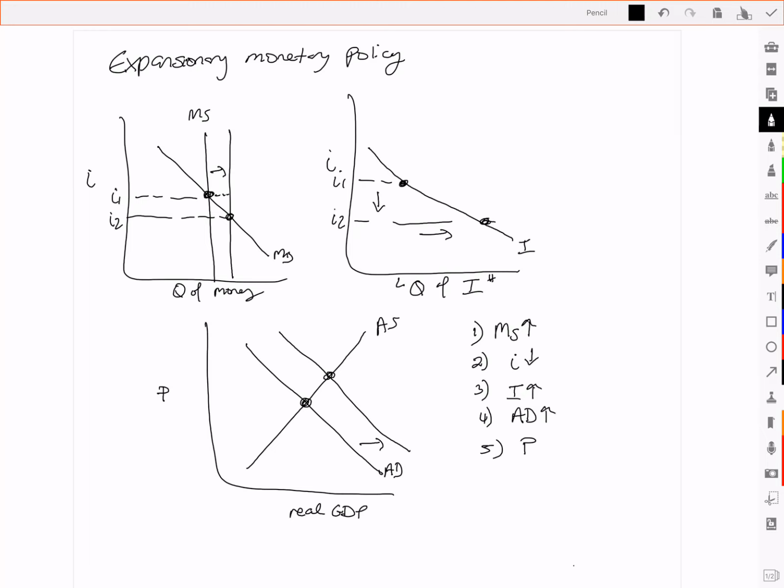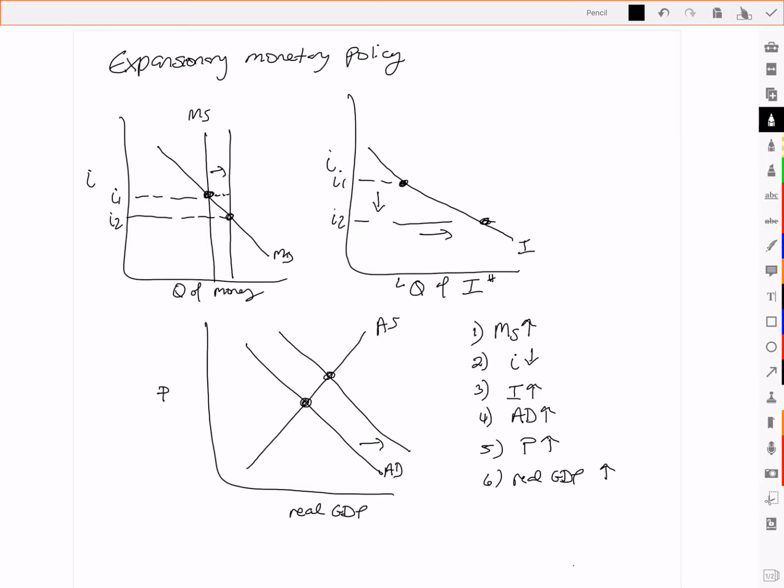So the price goes up and real GDP increases. So by increasing the money supply, we can grow the economy and help increase prices or create inflation.